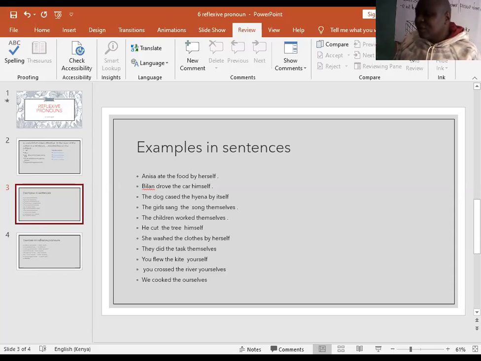So for such ones, make sure you get the correct reflexive pronoun. Let me give examples. Uber cooked the rice herself. If it is just Uber cooked the rice, I will struggle, or you will struggle, to know if Uber is male or female.